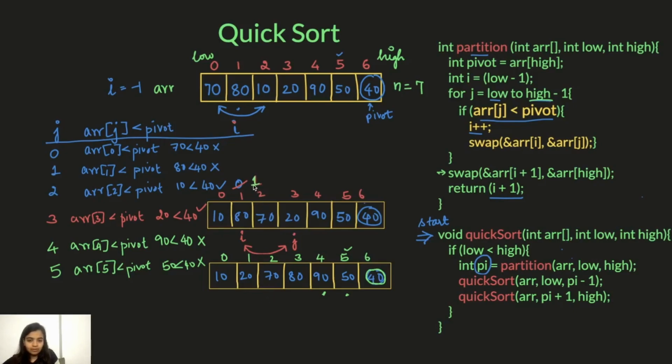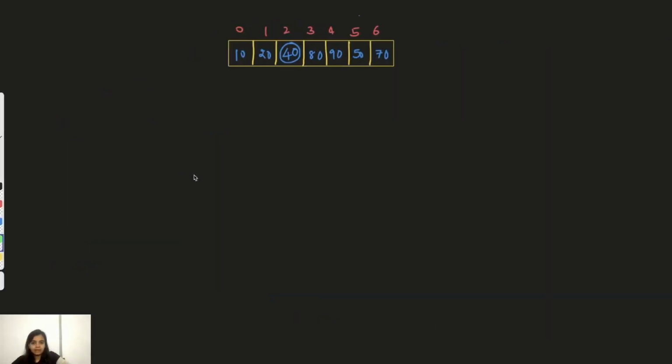So we swap I plus 1, which is 1 plus 1, so it becomes 2. I plus 1 is 2, so we swap 2 with array of high, which is this. Now we swap these two. This is the array that we get after swapping the pivot with the I plus 1th element.